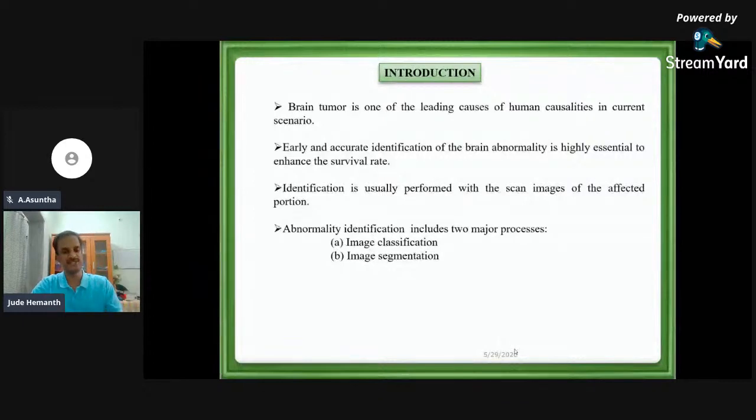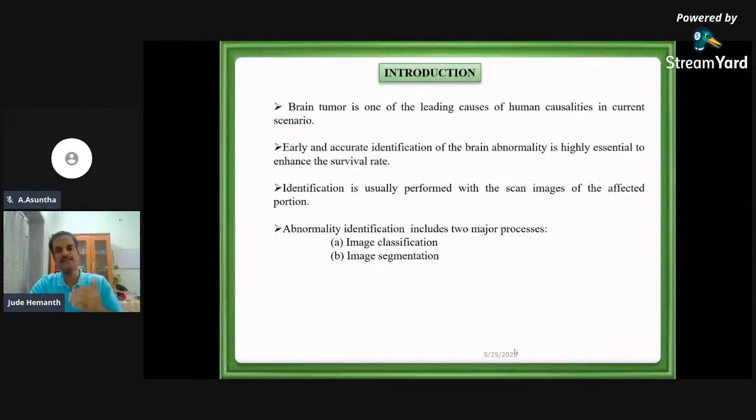When we say classification, you take an image and identify which abnormal category this image belongs to. That means the data you require for image classification is huge. You need at least 100 images, for example, from 4 classes, and then you identify whether each image belongs to class A or B or C. So you are processing the image as a whole.